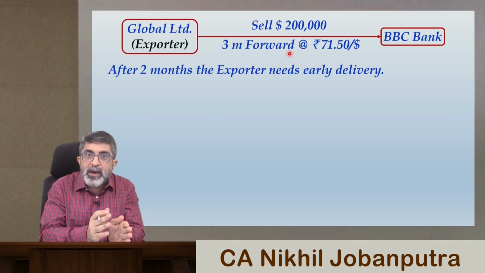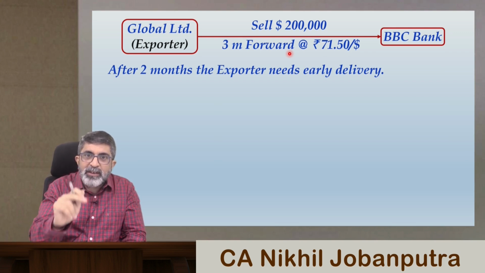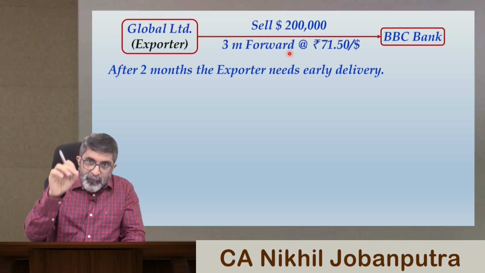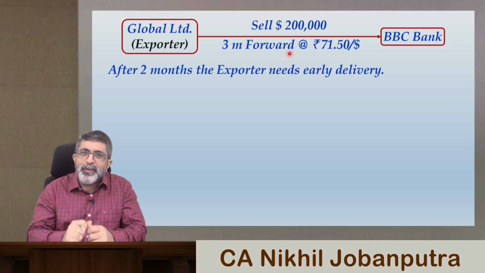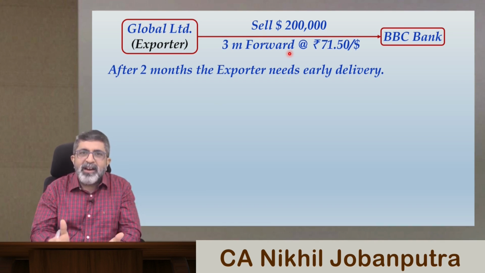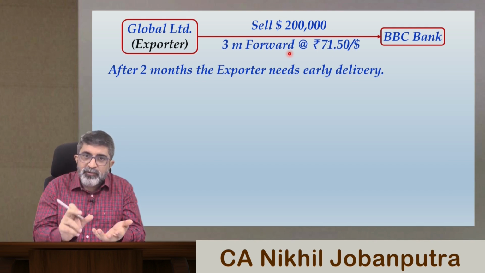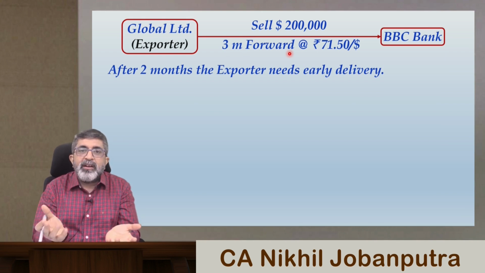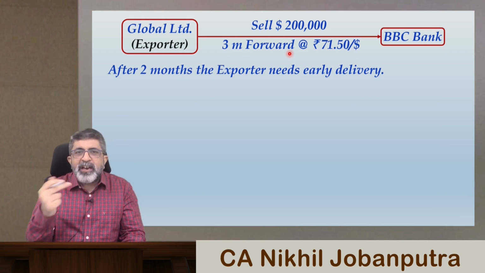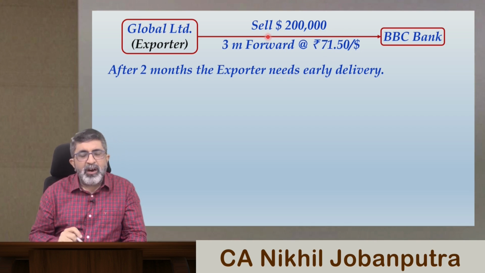That little lesser amount of money that you receive is all okay, because eventually that much money you can invest for 1 month and earn interest on that. Eventually on 31st March, when the final settlement was supposed to happen, Global Limited will end up earning a bigger amount of interest to compensate for all these losses. In other words, on 31st March, the actual money in hand for Global Limited would be definitely more than what it would have obtained earlier.